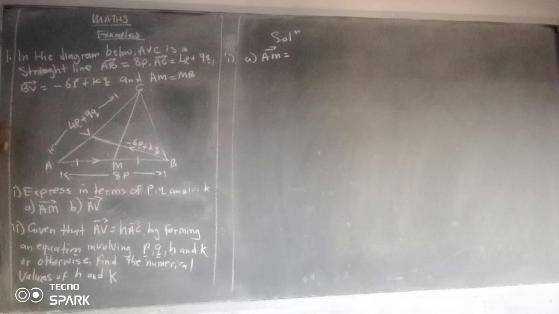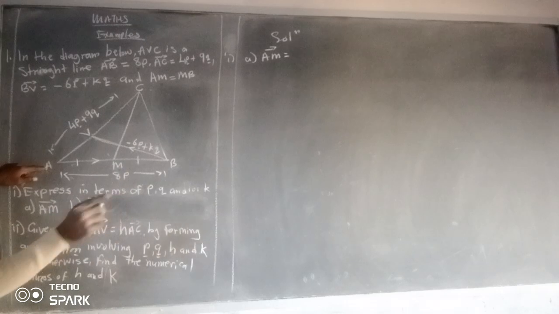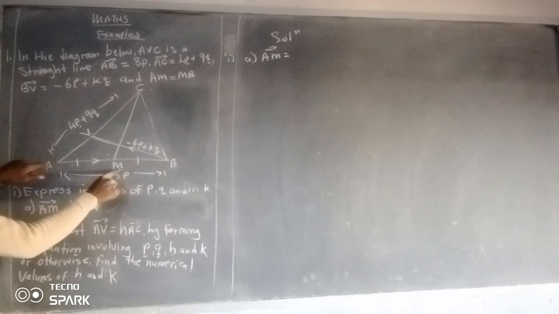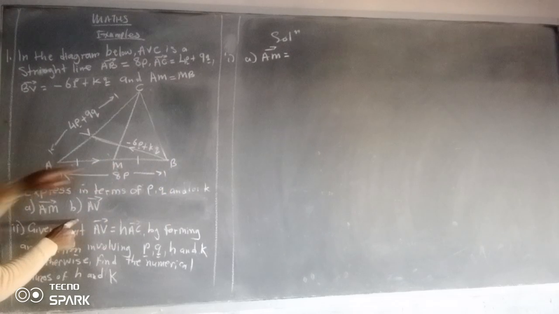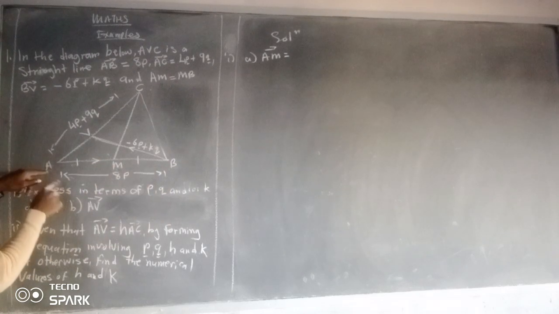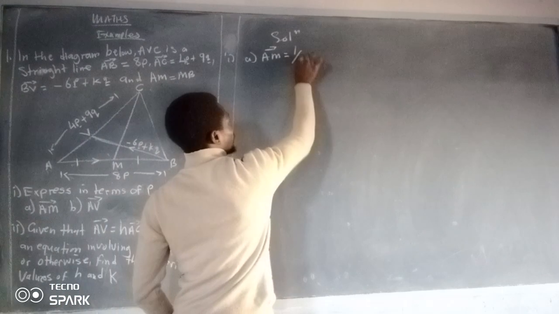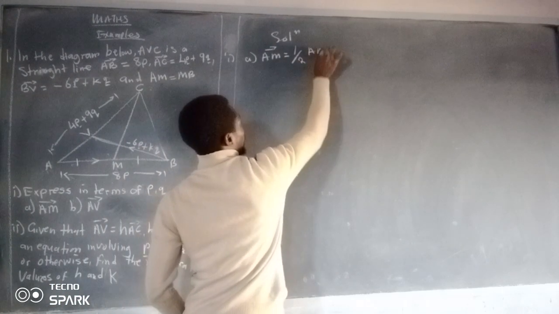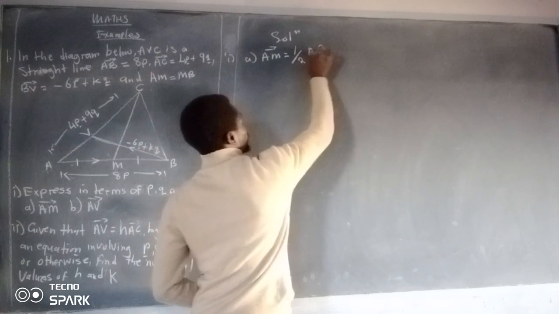So now AM, we need to find AM. If you notice, AM is the same as MB. So AM is half of AB. Half of AB.